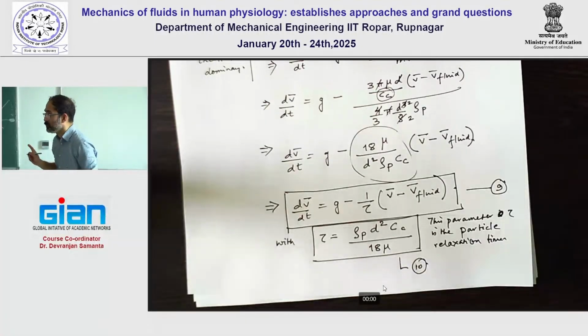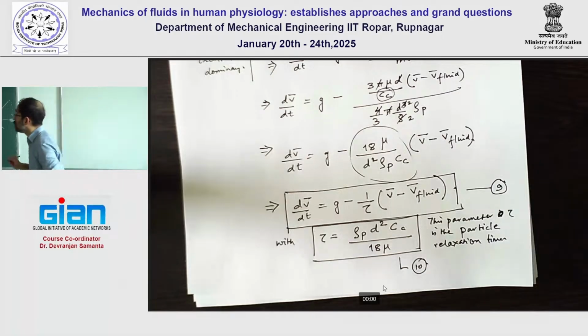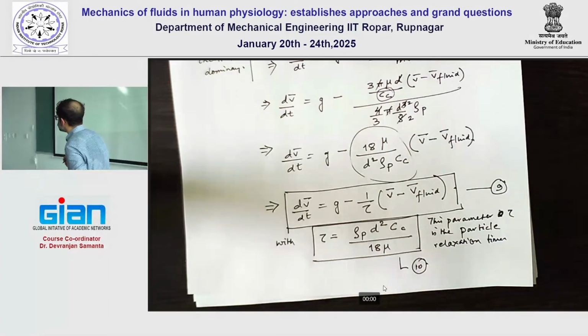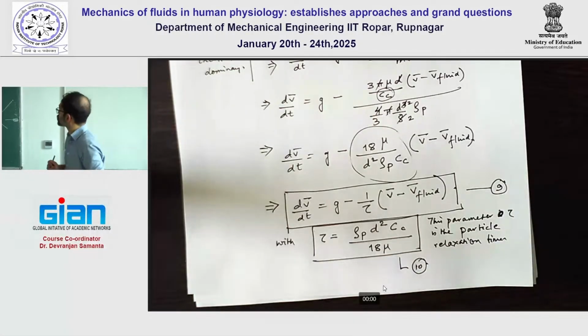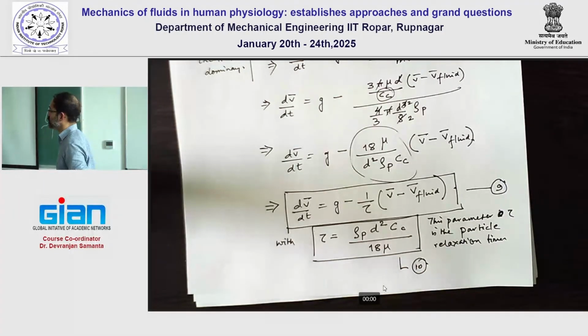Any question, Abdullah? What is the physical meaning of this particular relaxation time? Can you tell me, based on this equation, what you think would be the physical meaning of this?